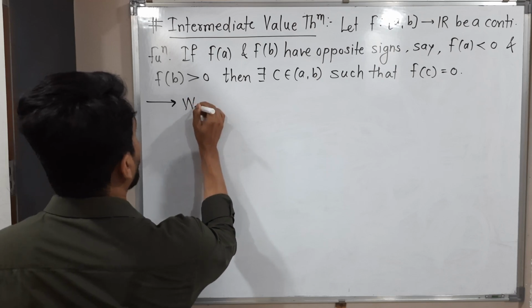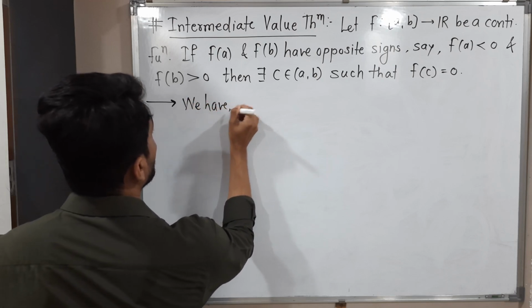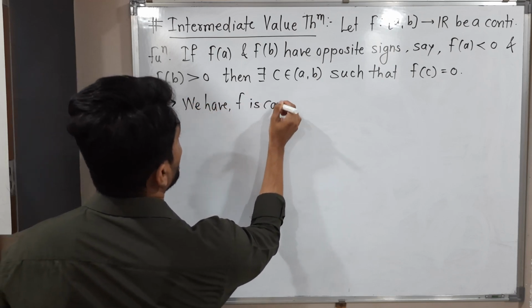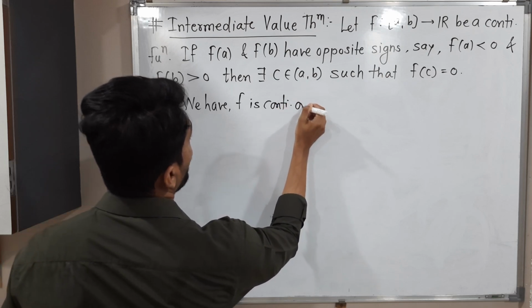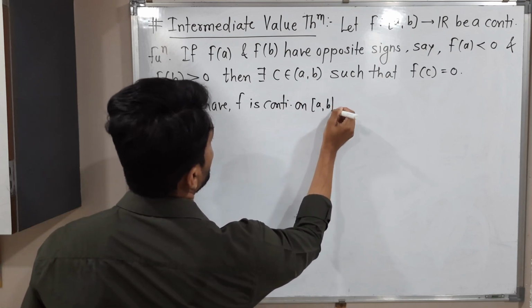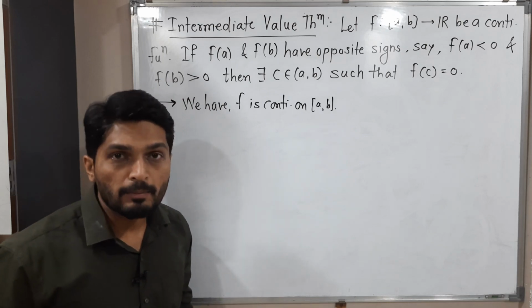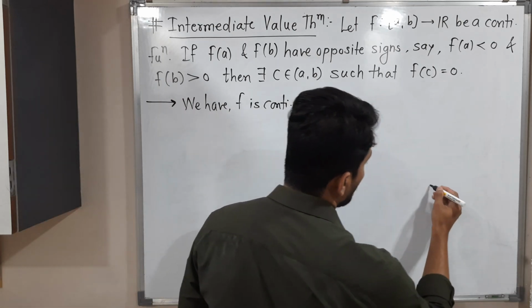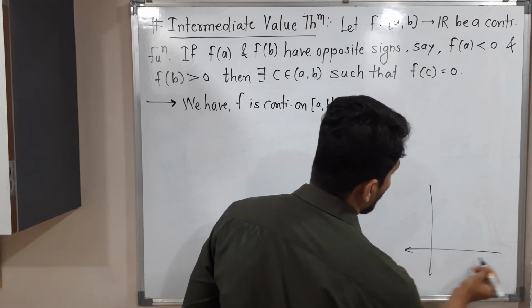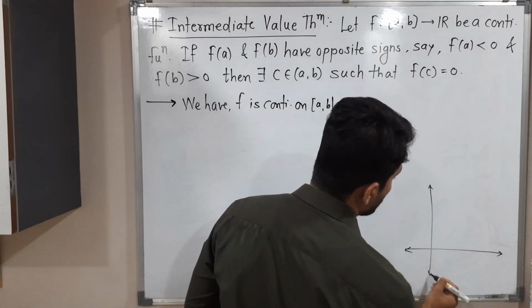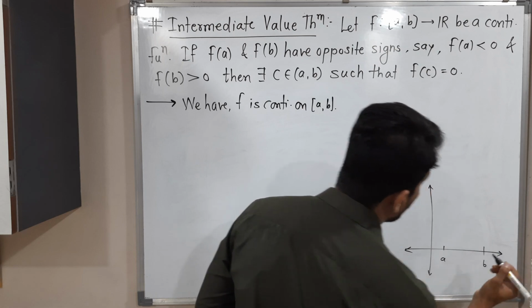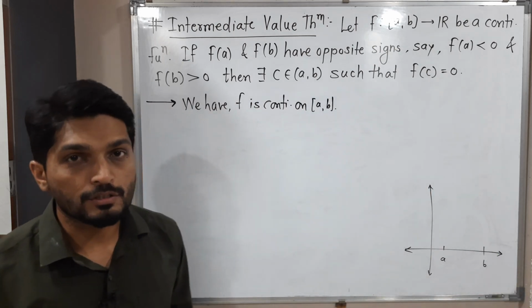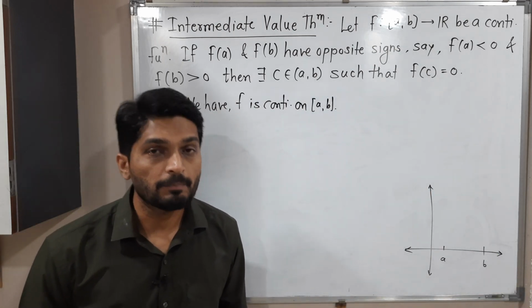We have f is continuous on the closed interval AB. So what will I do? I will draw the diagram simultaneously so you can easily understand the meaning. A very rough sketch I am drawing here. This is the x-axis, y-axis, AB is an interval and we have a continuous function defined on this closed interval AB.